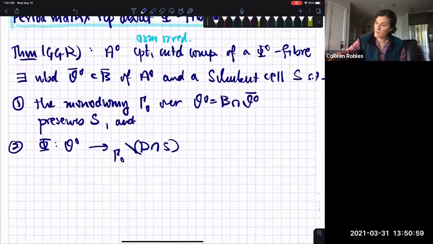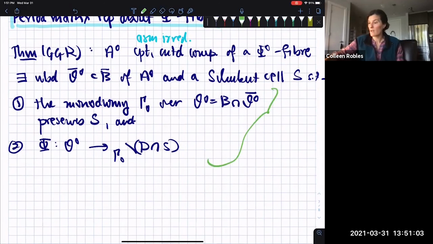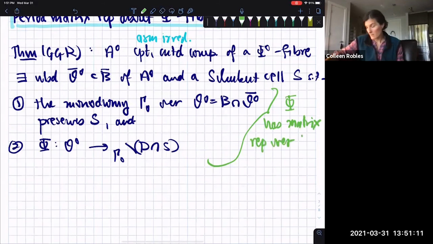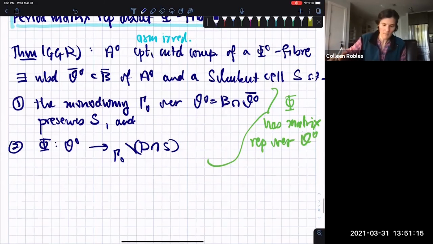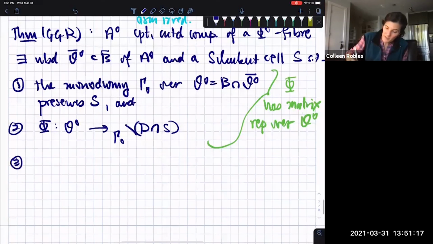So in particular, these two statements here are saying that phi has a matrix representation over this punctured neighborhood. And then the third statement is that, in fact, we have the desired properness. So in fact, the full extension is proper.